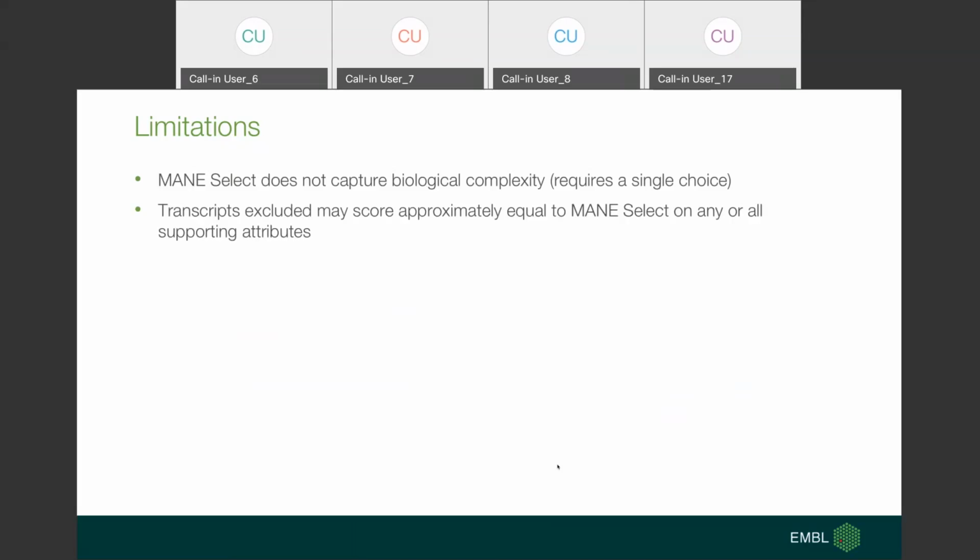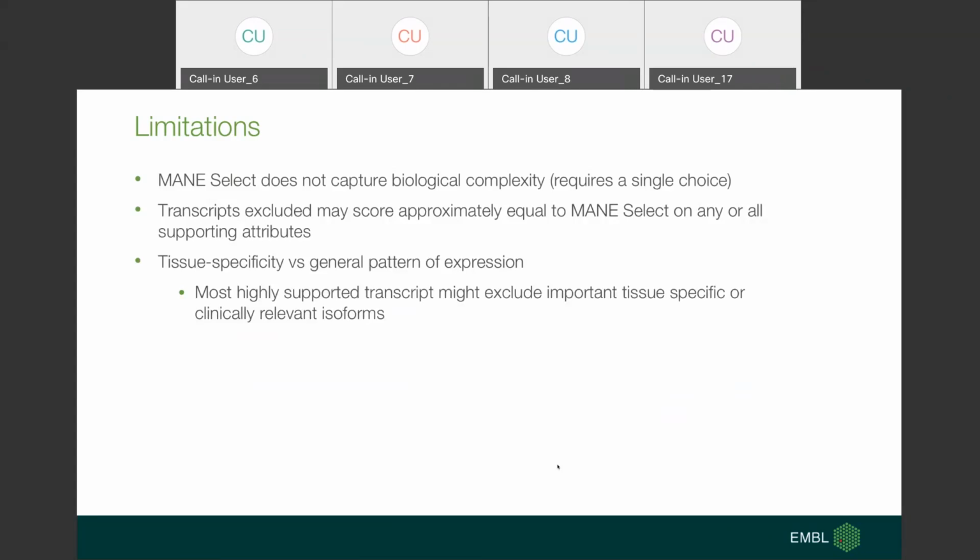And also, it is very possible that by any metric, you are excluding transcripts that are just as good as the MANE Select. And we have seen examples of that, and that's probably what's in that third bin, where definitely it's a very tough choice sometimes in the MANE Select.